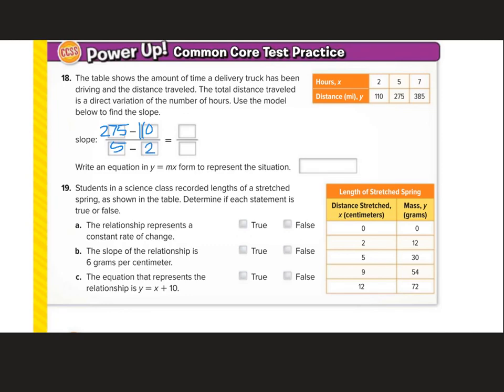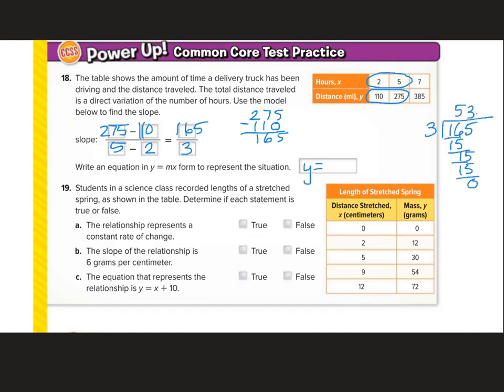I need to make sure that I'm putting my y values on top and my x values on the bottom of the equation. So 275 minus 110 is 165. And then 5 minus 2 is 3. So 165 divided by 3 is the direct variation. So the direct variation is y equals 55x.